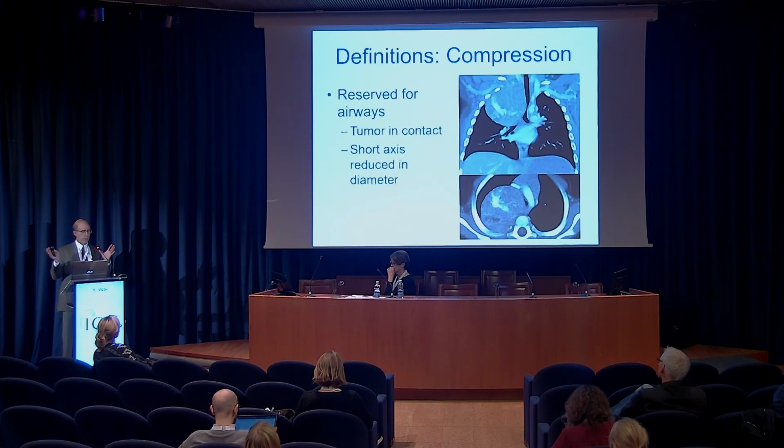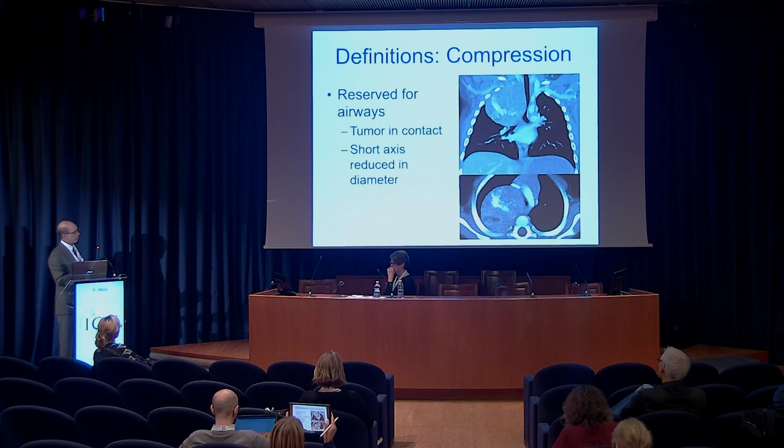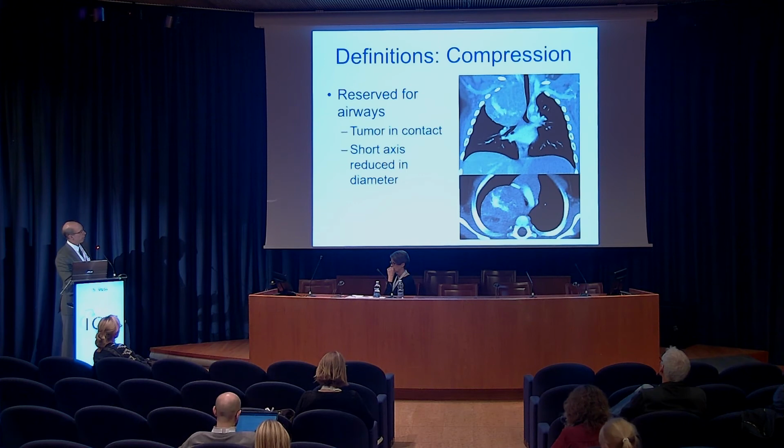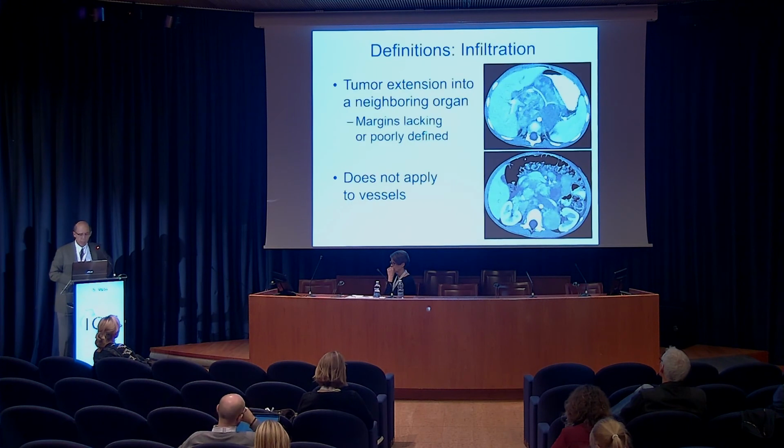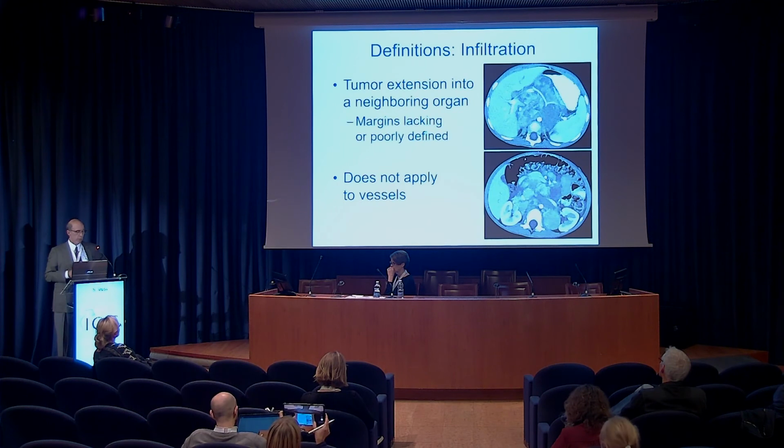Now, when we talk about compression, that term compression is reserved for the airways, and it means that you've got a reduction in the short axis diameter of the major airways, trachea or proximal bronchi, and this is shown, I think, nicely here by this upper thoracic neuroblastoma. Infiltration is where the tumor begins to extend or invade into or infiltrate into a neighboring structure.